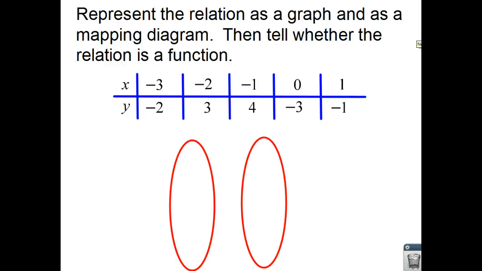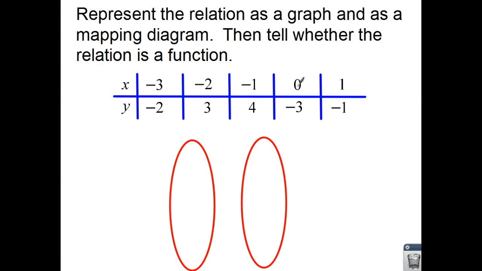Represent the relation as a graph and as a mapping diagram, and then tell whether or not the relation is a function. So a relation is basically how your data points are compared to each other. What is the relationship that your inputs have to your outputs? And as I'm looking across here, I have all of my x's.